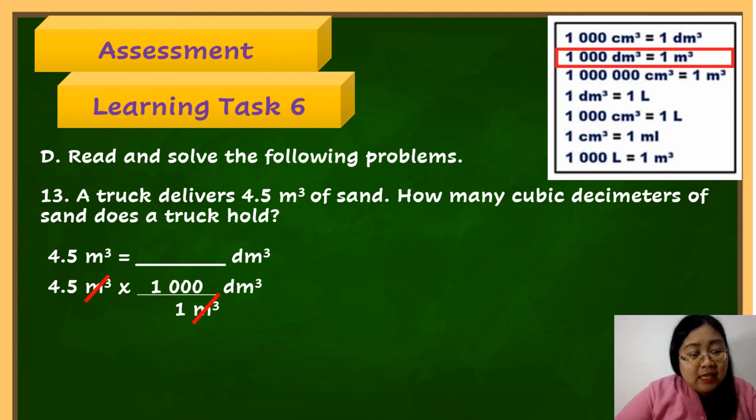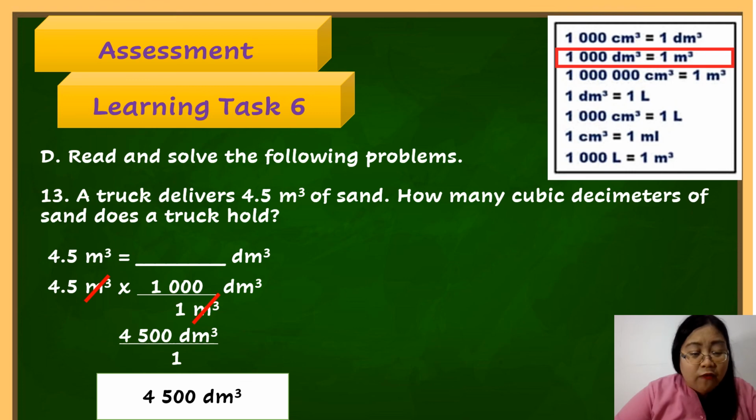Let us cancel cubic meter. And then 4.5 times 1,000 is equals to 4,500 divided by 1. So the answer is 4,500 cubic decimeter sand that the truck can hold.